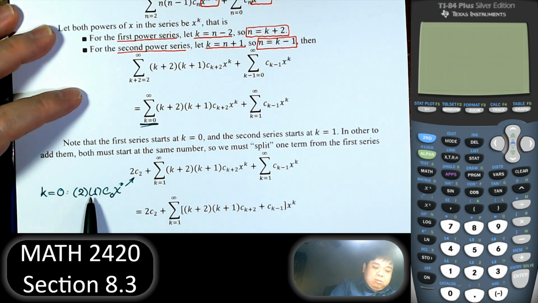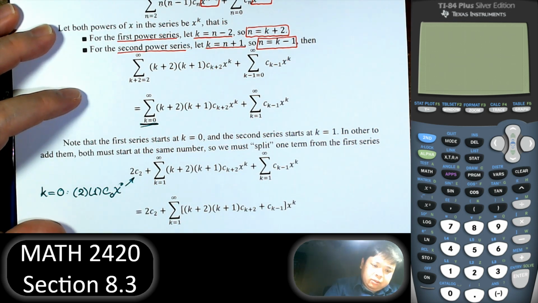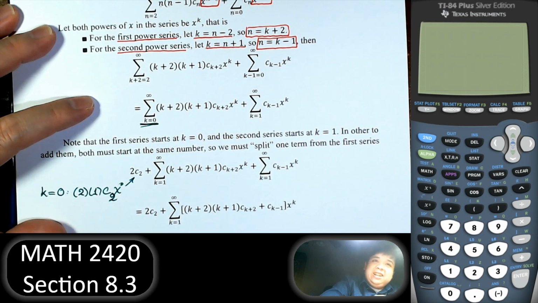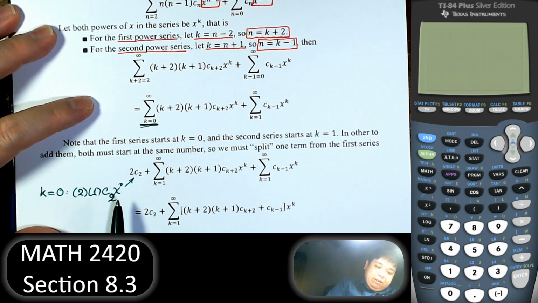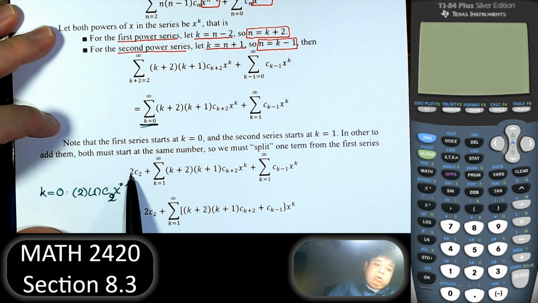So we have 2 times 1 times c of 2, and x to the 0 power is 1. Sorry, wait, k plus 2, so this will be 2 c2, x to the 0 is 1, so that's what we have.